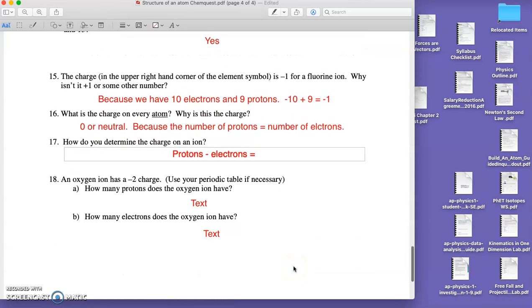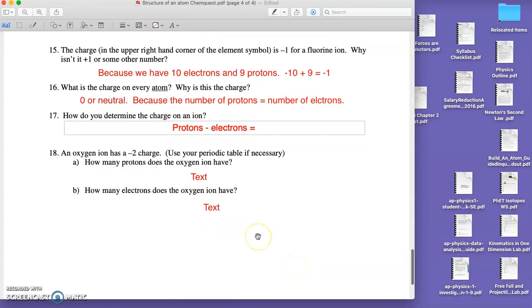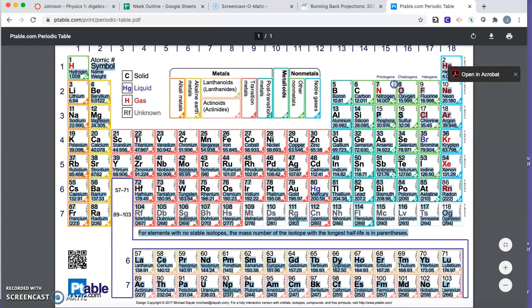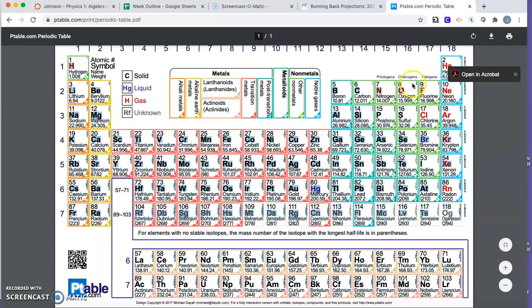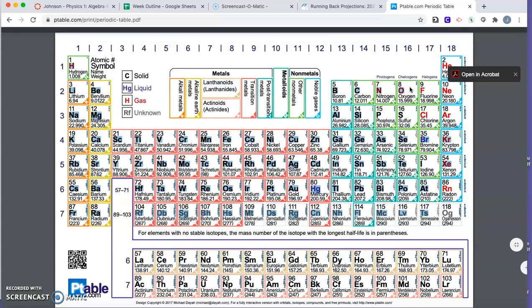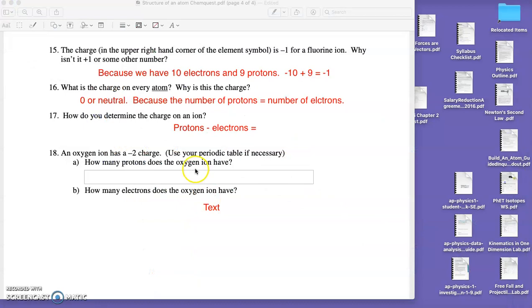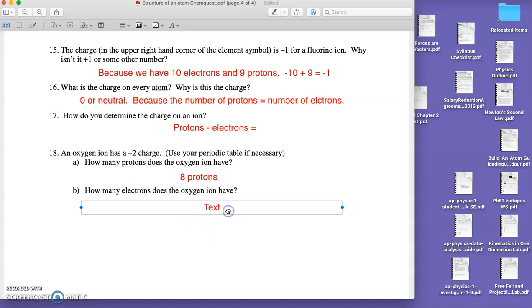Okay. So the oxygen ion has a -2 charge. How many protons does an oxygen ion have? So periodic table, oxygen right here has 8 protons. How many electrons does an oxygen ion have?